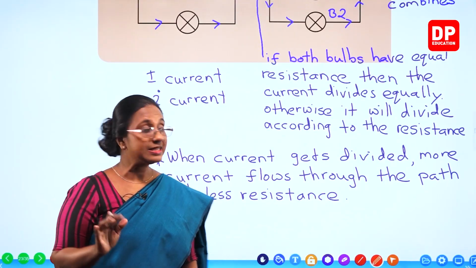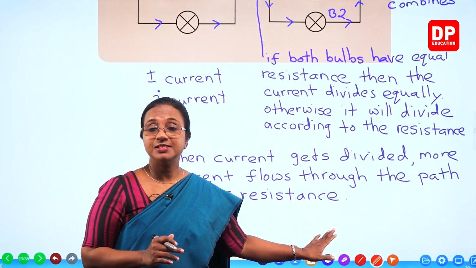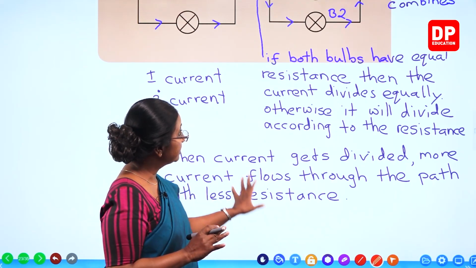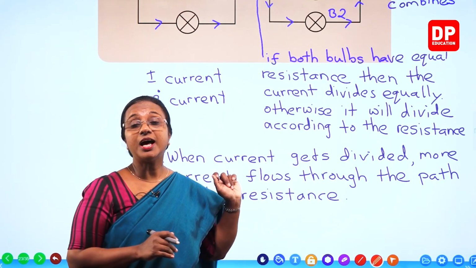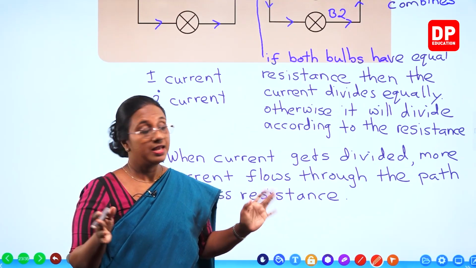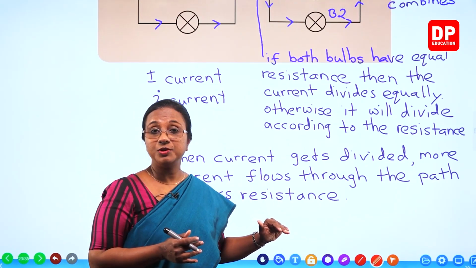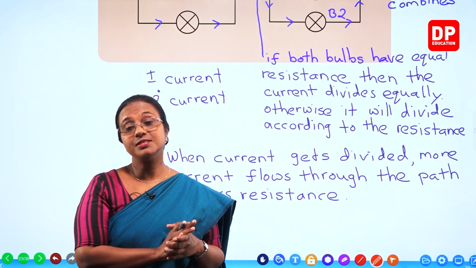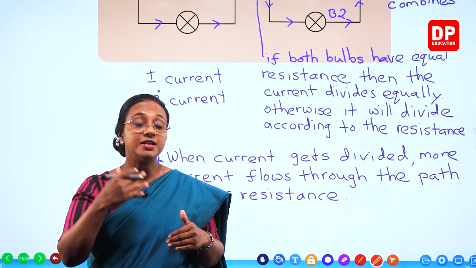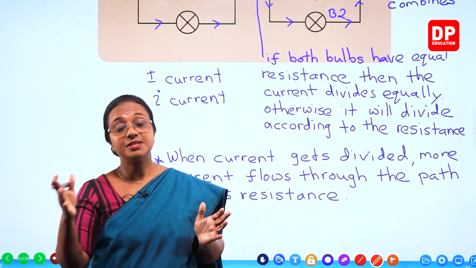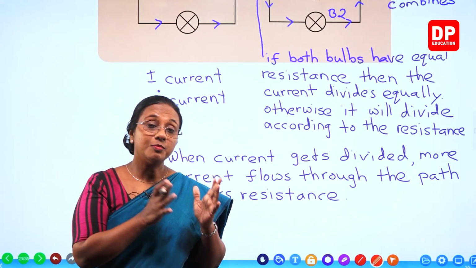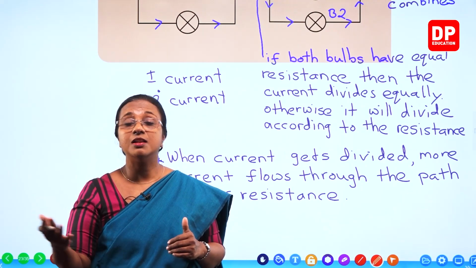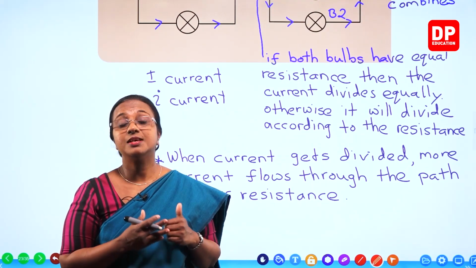So students, like I said, we have not discussed resistance yet. You may be familiar with the concept, but since we saw the current dividing into parts, I have introduced this concept to you all. Always current prefers the less resistance path. So if there is a path that has less resistance and a path with more resistance, more current will flow through the less resistance path and only less current will flow through the more resistance path.